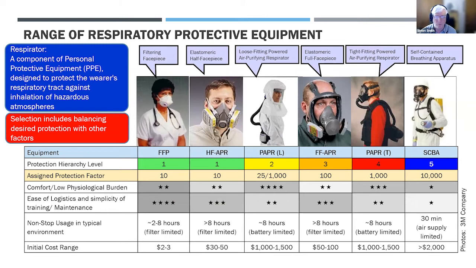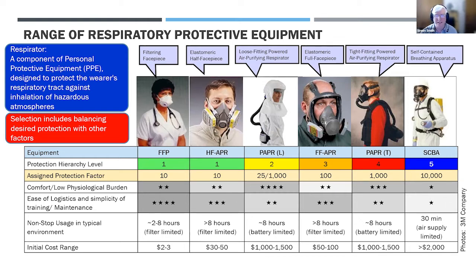They impose more burden on the wearer, and increasing logistic complexity. Having to replace batteries and so on is slightly more complex, and having to charge and replace air tanks is even more complex. But so you really get a choice of protection, but at a cost in other areas.